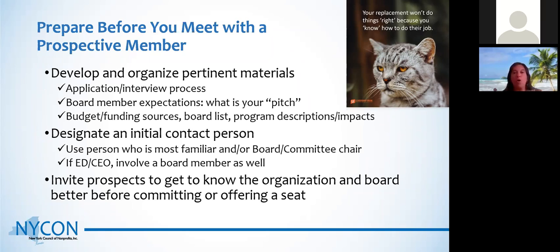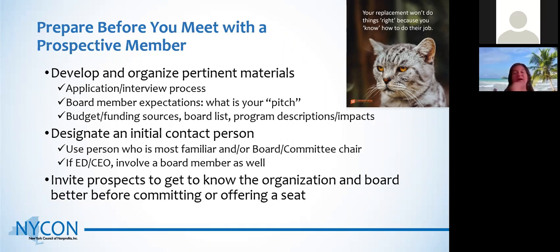When you're establishing board member expectations, you really want to know what your pitch is. If you're saying, we're a great group of people and we meet once a month and we eat great food and it's not that much work, what you're doing is saying your time isn't meaningful, our time isn't important, and we just want a warm body. That isn't going to be a good sales pitch for someone who wants to make a difference.